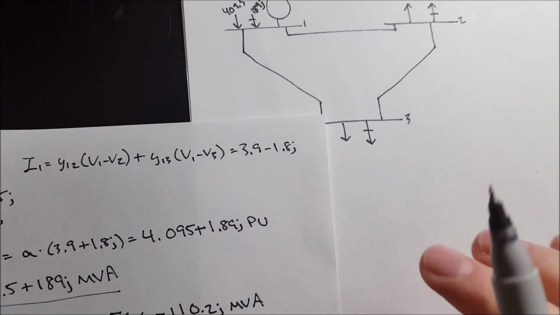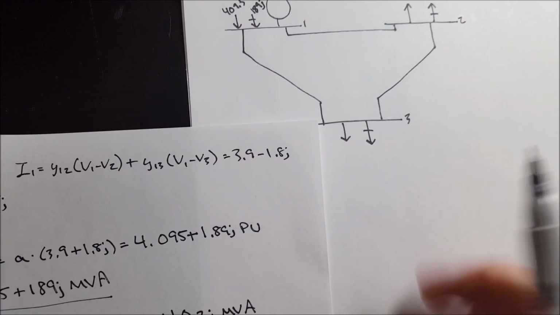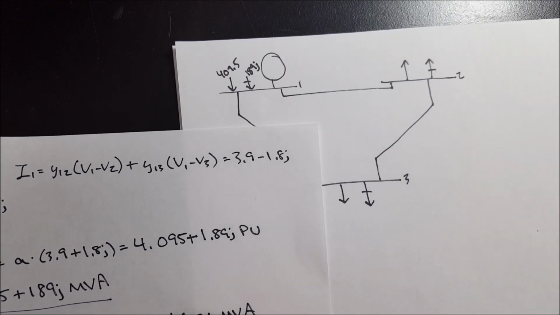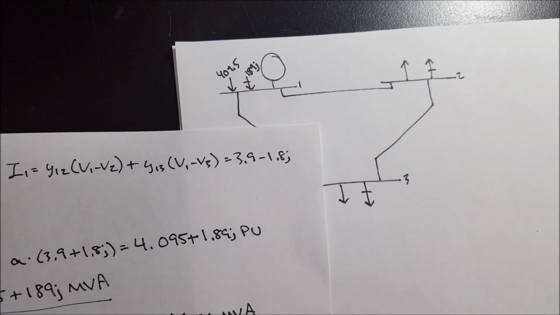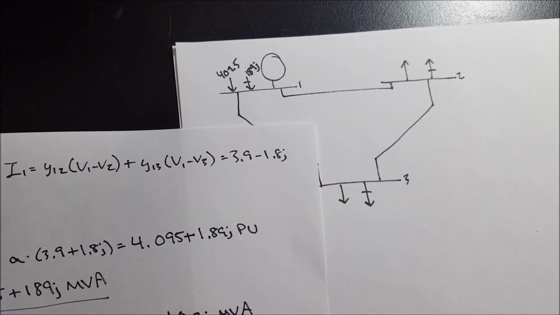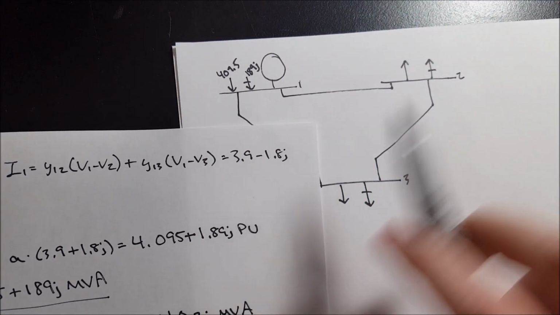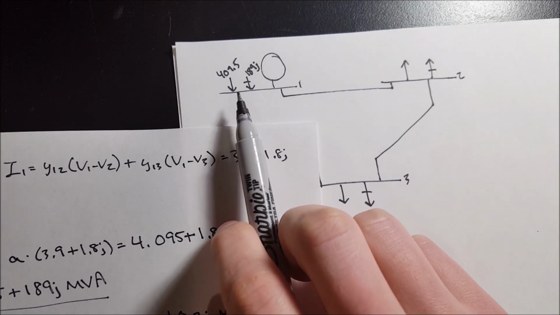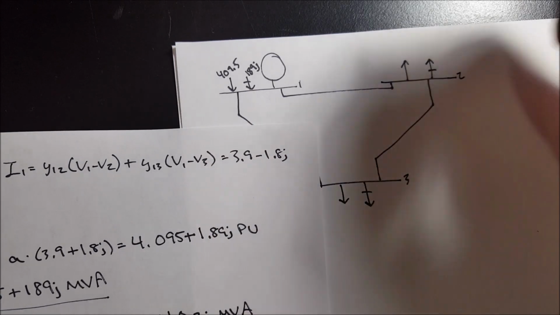I'm going to have a lot of crunched up space, so I'm not going to label them all. S2 is negative and negative. See how the arrows are pointing to the bus? These are going to be pointing away from the bus.